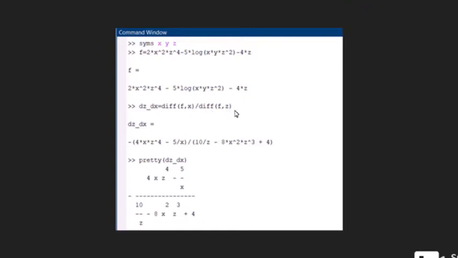And then we get dz/dx is equal to 4xz power of 4 minus 5x divided by 10 per z minus x power of 2 z power of 3 plus 4. The answer from this software solution is also the same as the manual calculation. Okay, that's all from me. Thank you.